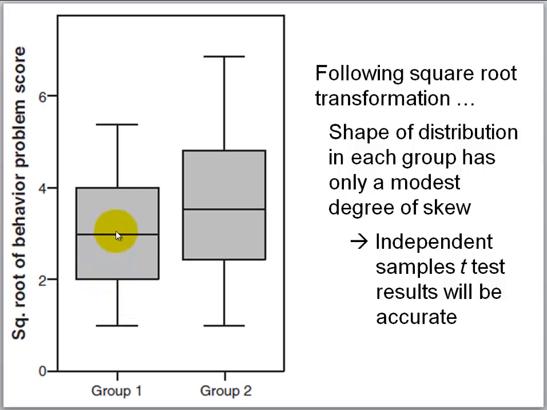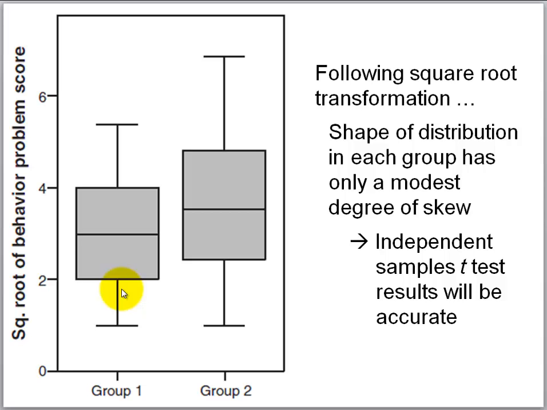and you can see now that in both groups the boxes are spread approximately equally above and below the line in the middle, which is the median, and further the whiskers are reasonably equal in length. So these box plots now are conveying to us distributions that have only a modest amount of skew.